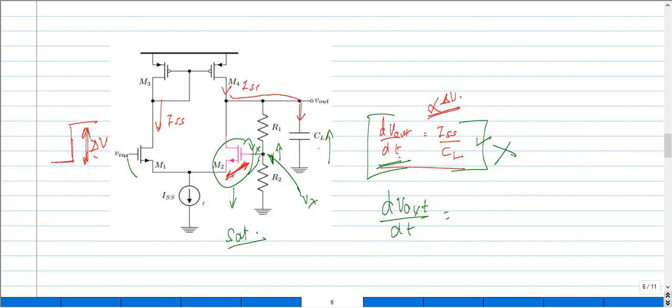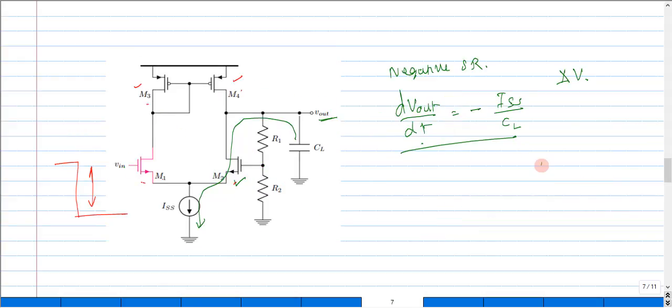So that would again be proportional to del V, right? So the rate at which the output changes will be proportional to this one once our transistor M2 comes back into action. And the same phenomenon applies even for this particular circuit.